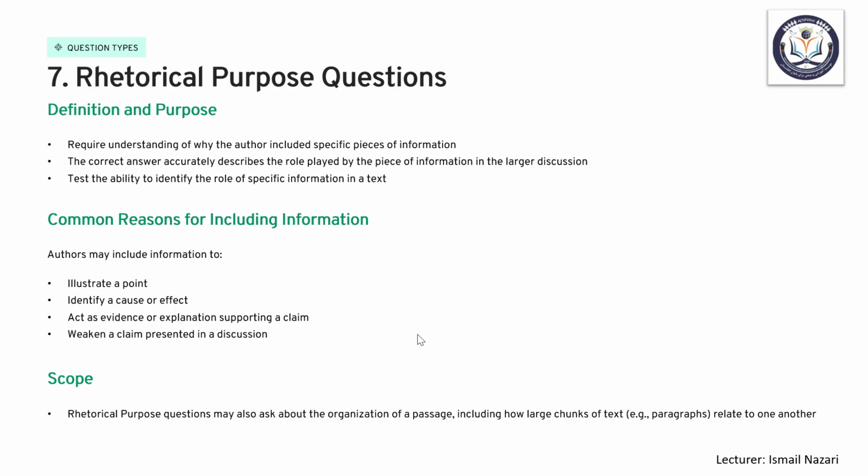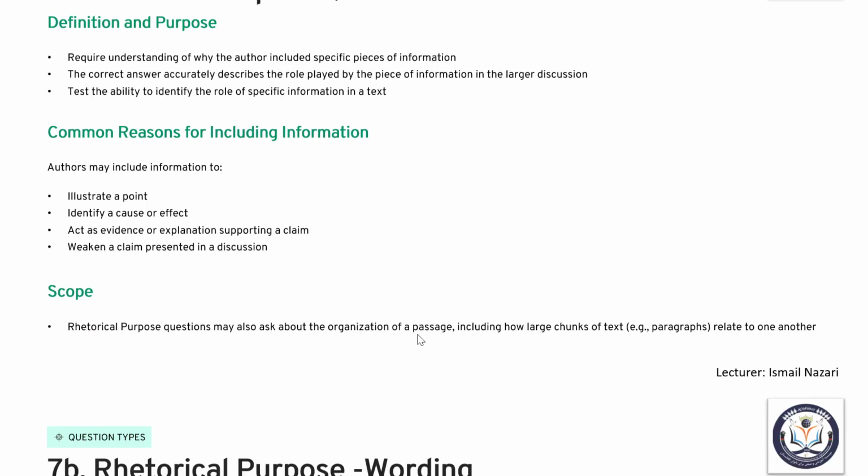Secondly, it also asks us the relationship between ideas inside the passage by saying, how does paragraph A relate to paragraph B, or how does the idea stated in paragraph 1 relate to paragraph 2. So let's get into the wording and we'll identify which one asks the relationship and which one asks the reason behind it.